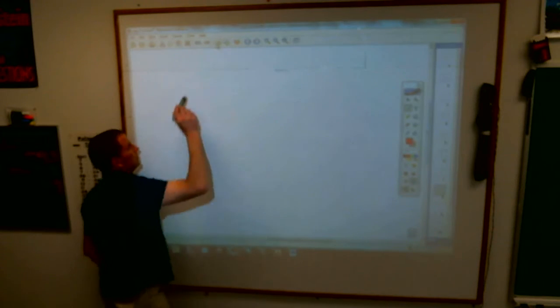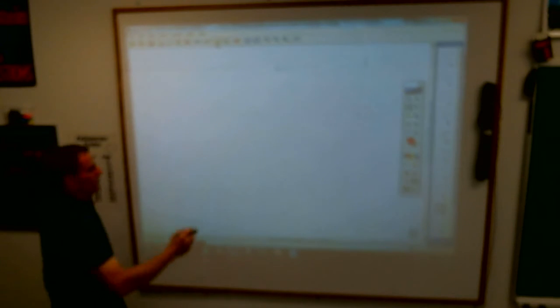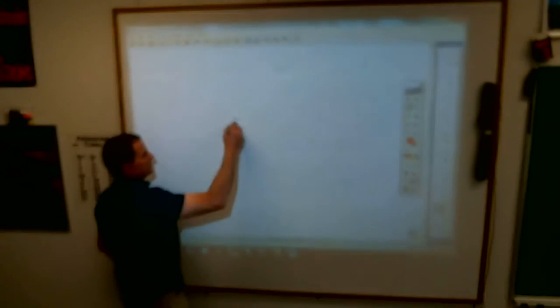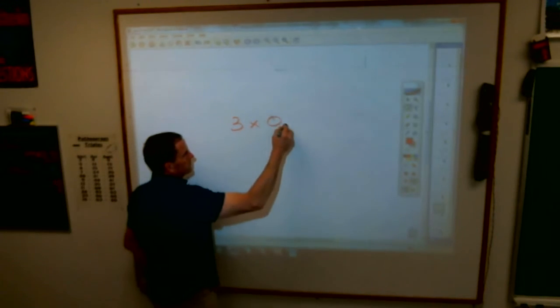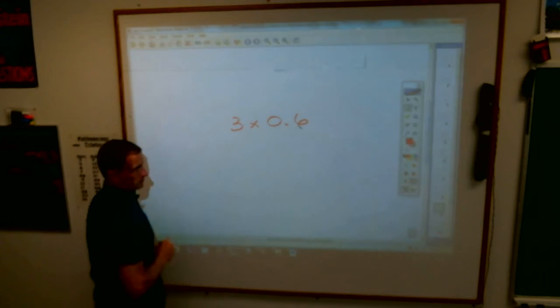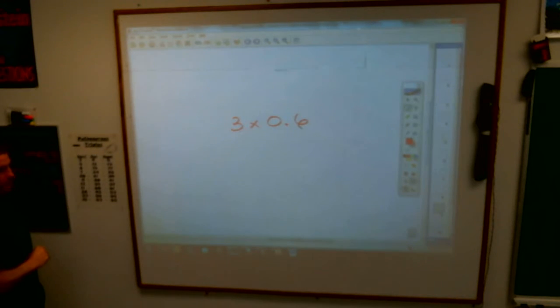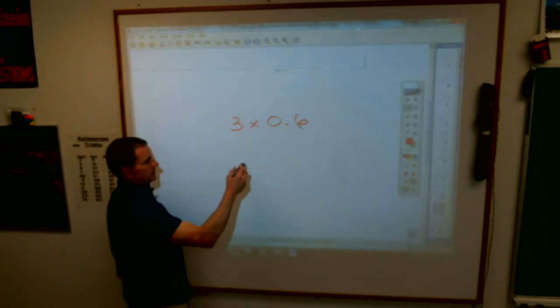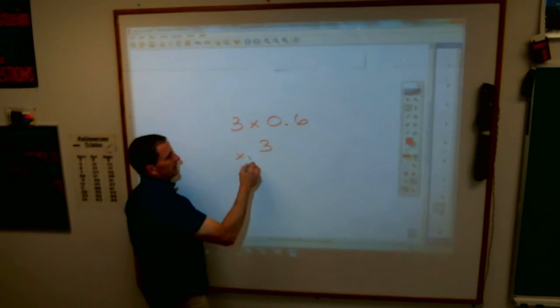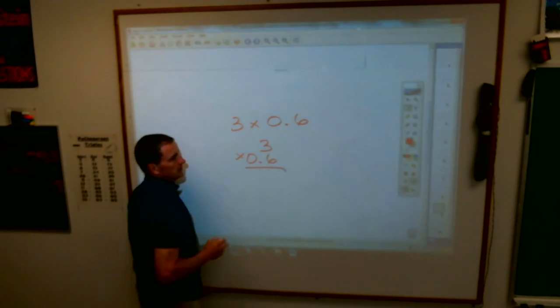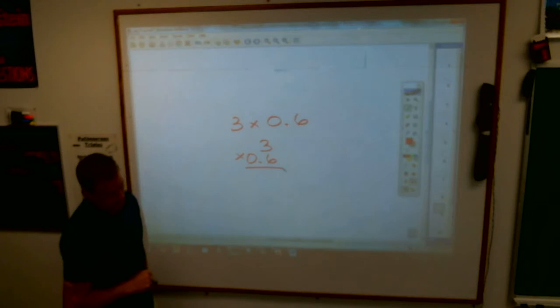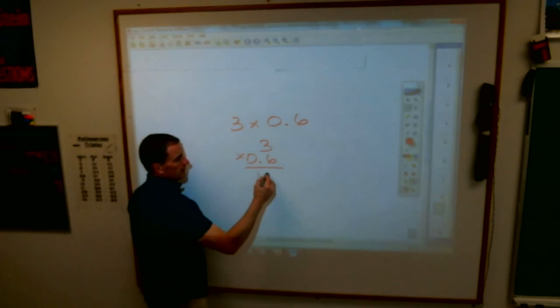Let's look at some more. Once you practice this a few times, I think you'll get it. How about 3 times 0.6? If I multiply 3 times 0.6, what is 3 times 6? 18.